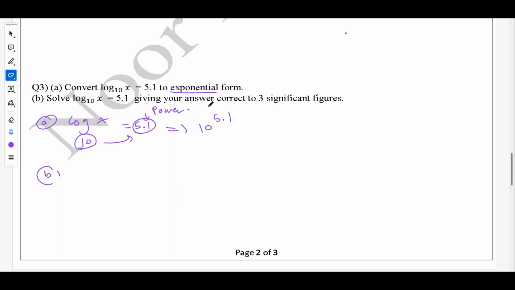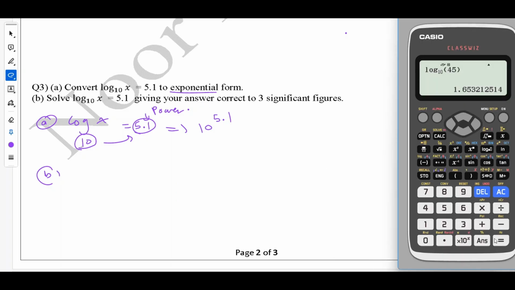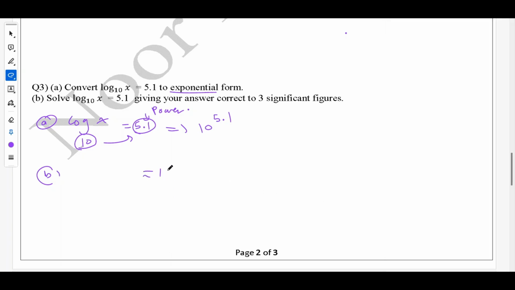Give your answer correct to 3 significant figures. On the calculator, 10 to the power 5.1 equals 125,892. To 3 significant figures, that rounds to 126,000.